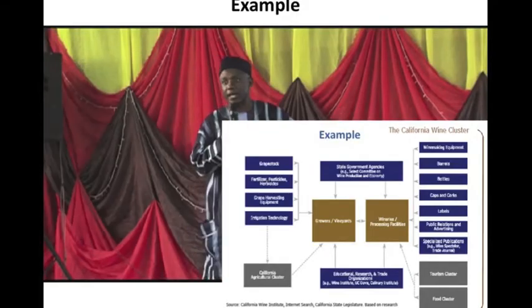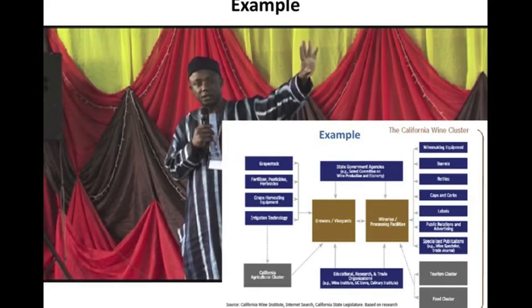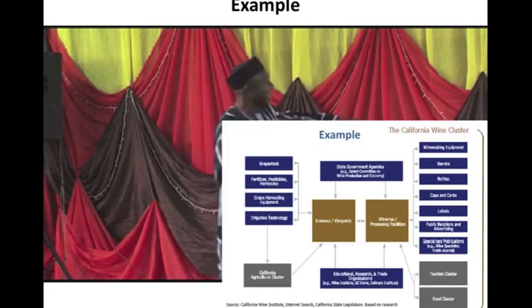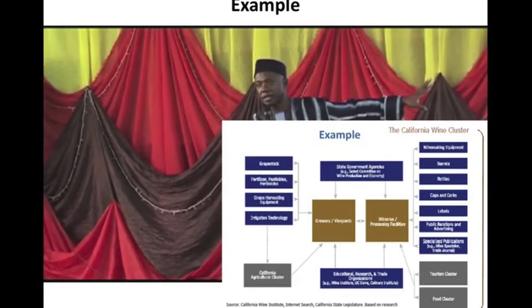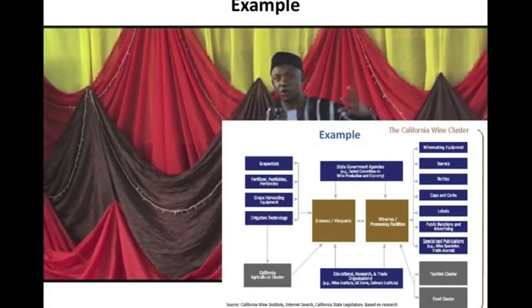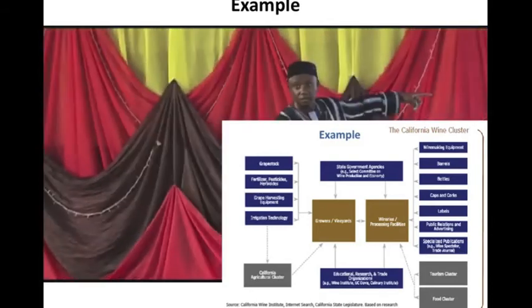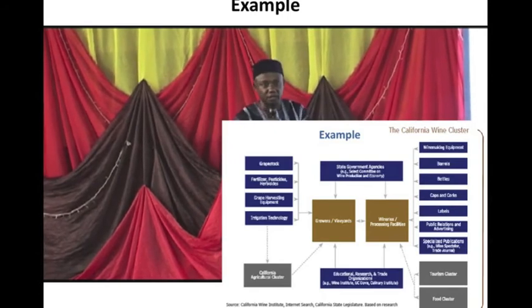Okay, now just like he gave the example of the cluster in the credit, I dug up this from California, one country. I thought this is closer to home because it's agricultural in nature. It talks about growers of wine grapes.